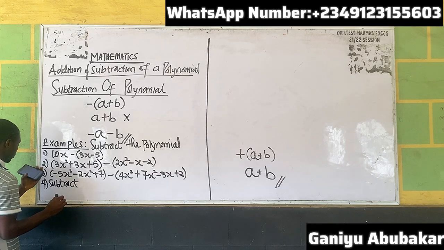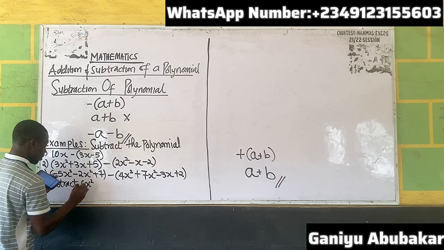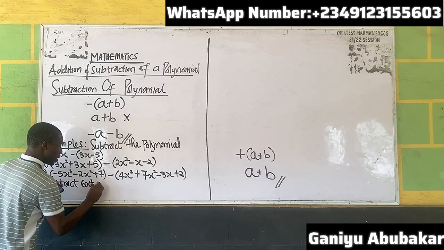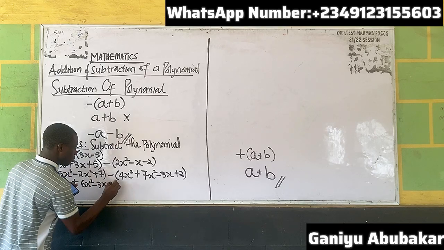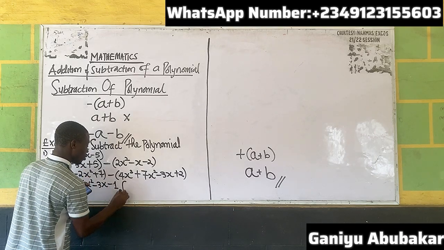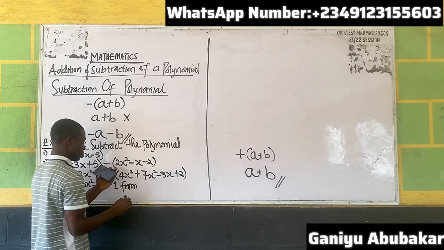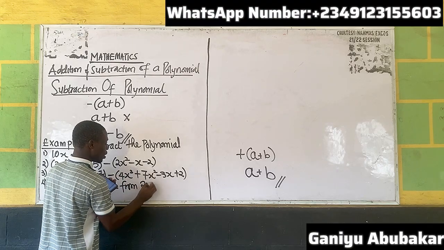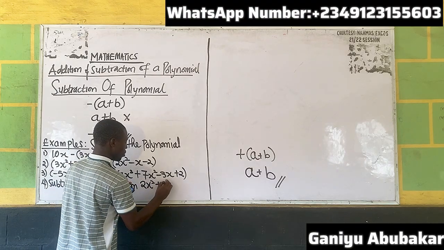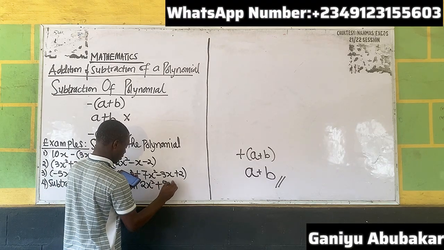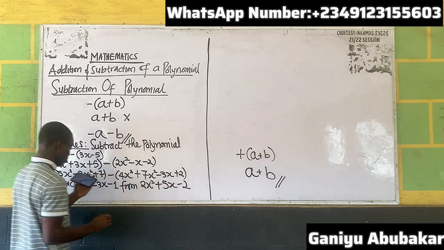Number 4, subtract 6x squared minus 3x minus 1 from 2x squared plus 5x minus 2.